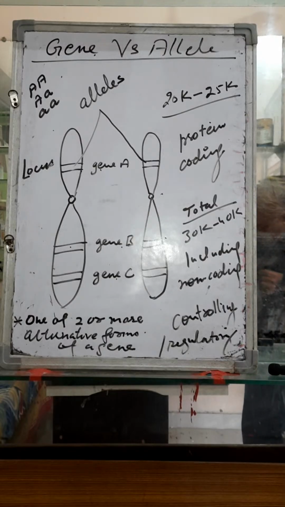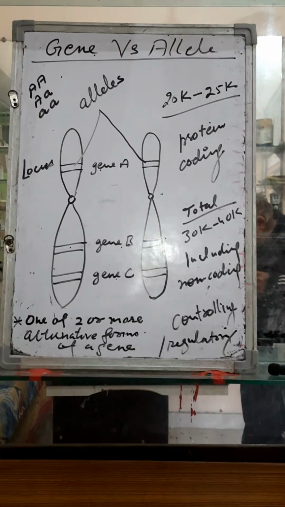For example, for eye color, on chromosome number 15, two genes are present. The names are OCA2 and HERC2. These are the two genes which decide the color of the eye.